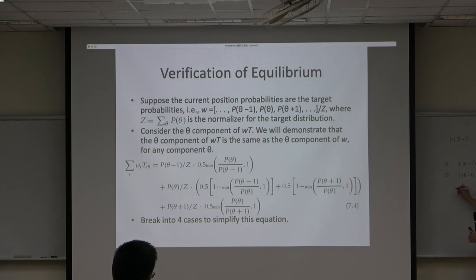It's good enough. Okay. The third one is p theta minus 1 is larger than p theta, and it happened p theta is also larger than p theta plus 1. Okay, the fourth case is p theta minus 1 larger than p theta, but here we have p theta smaller than p of theta plus 1.